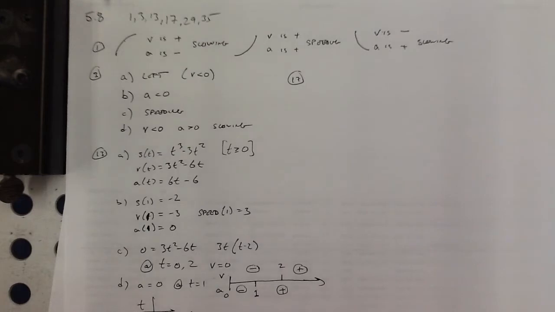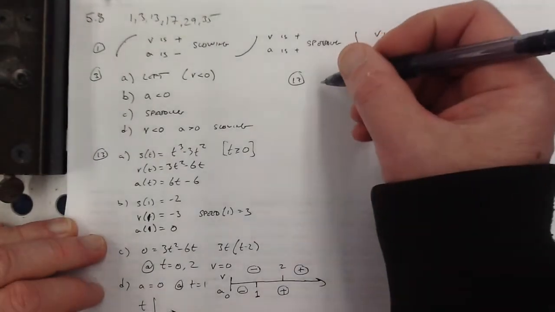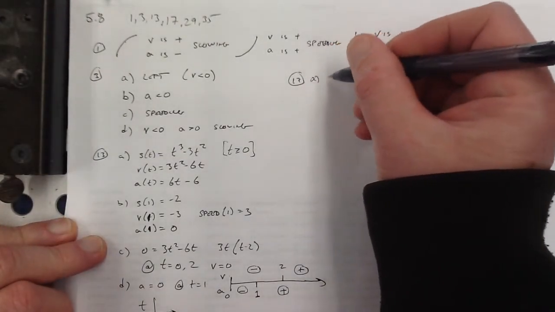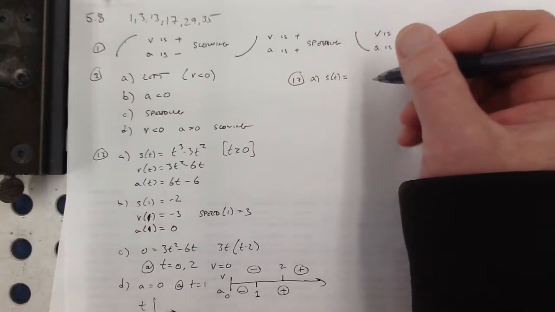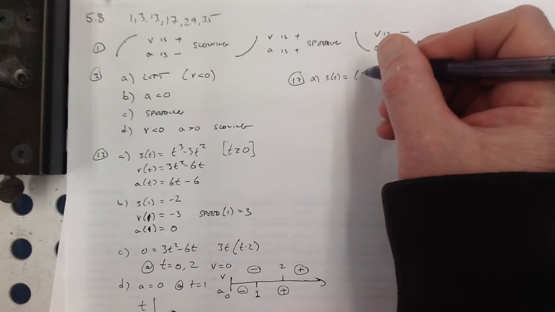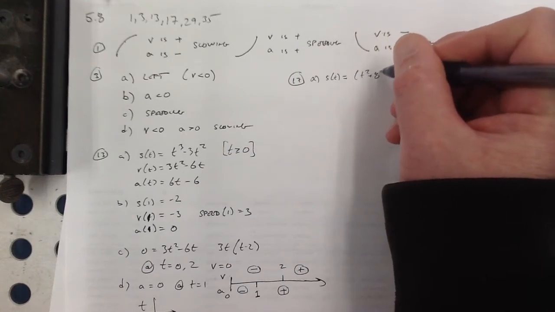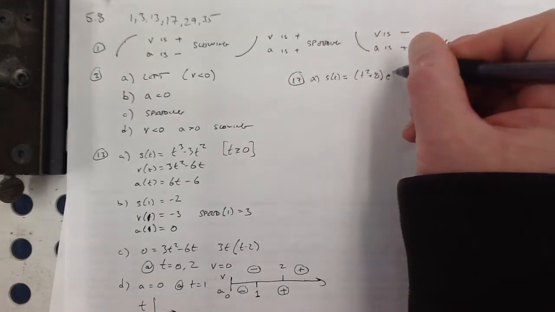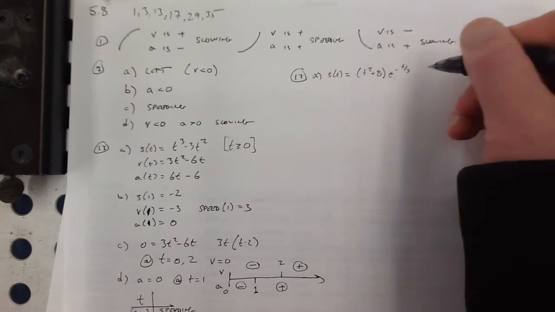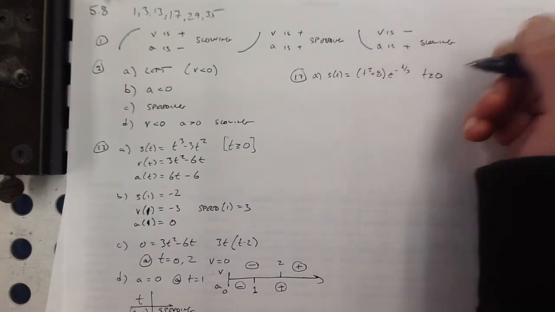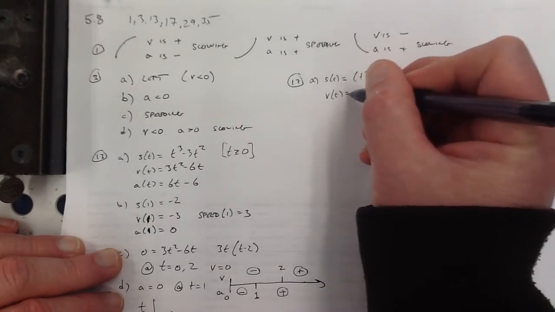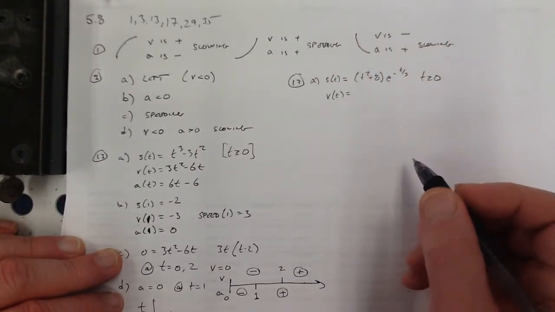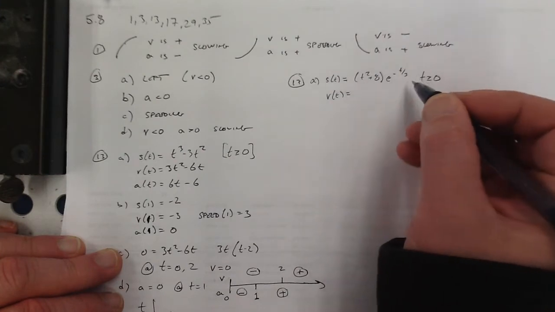Number 17, same directions. So let's see, for part A, I want to find the velocity function. Let's write this down first. That's the derivative of this. Let's see, product rule.